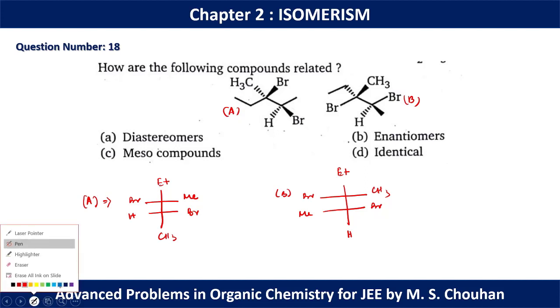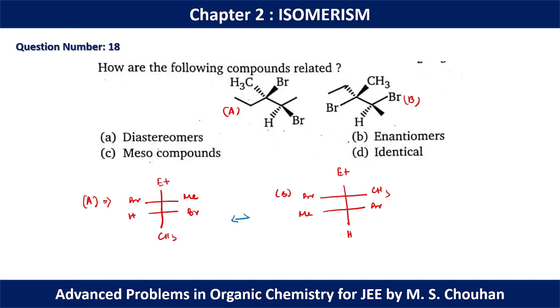Now if we compare these two, they are not mirror images of each other and they have the same linkage. So this is diastereomer. Okay, so these two molecules are related as diastereomers.